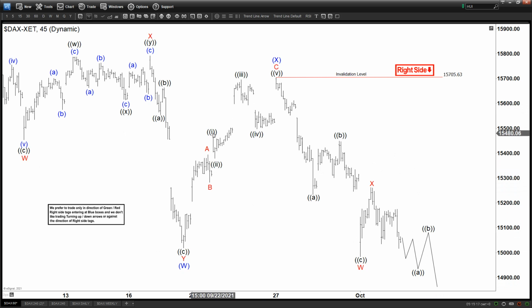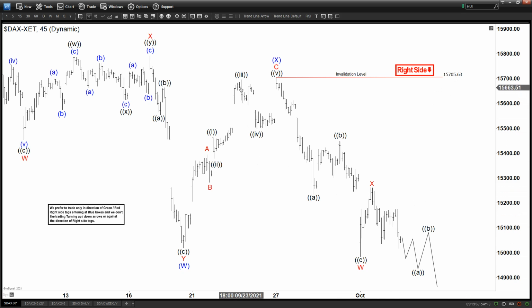And right here we got this WX, and now in the Y leg on the downside, Y of Y, right? So we are now in the Y of Y in blue. So this Y here is in blue, just to distinguish, Y of Y, that's where we are right now, and it is in progress to the downside, and as long as any rally fails below 15705, we are looking for the downside.